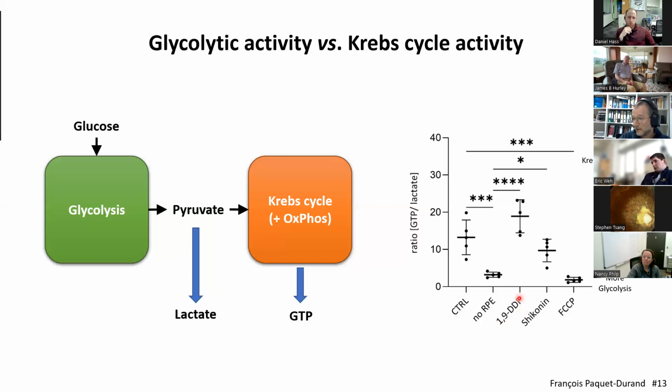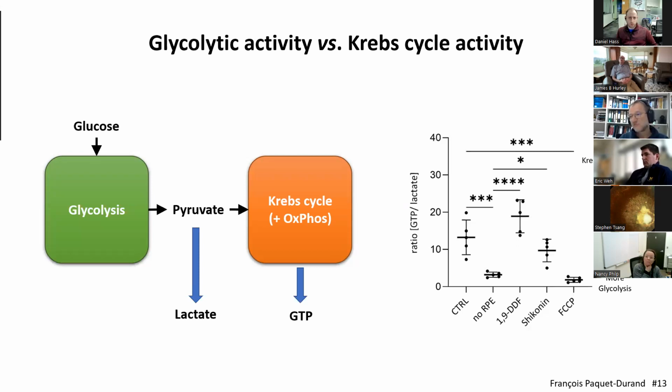With 2-deoxyglucose, the glucose transporter inhibitor, it goes in the other direction, towards more oxidative phosphorylation, more Krebs cycle activity. With chikunine, it's not really changed. But with FCCP, it really goes down, also in the direction of more glycolysis, which is kind of logical because under FCCP, the retina cannot use oxidative phosphorylation at all. The only pathway that remains to generate ATP is then glycolysis.